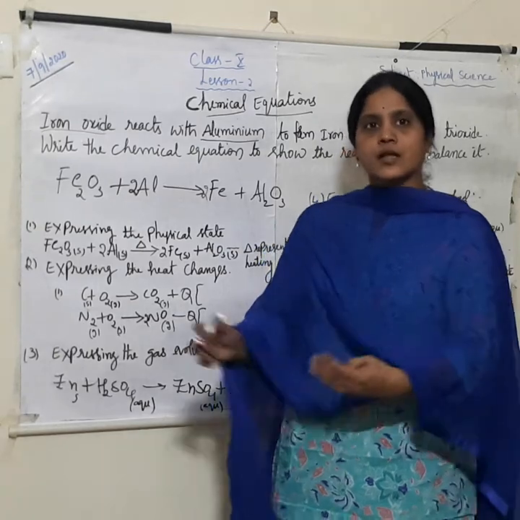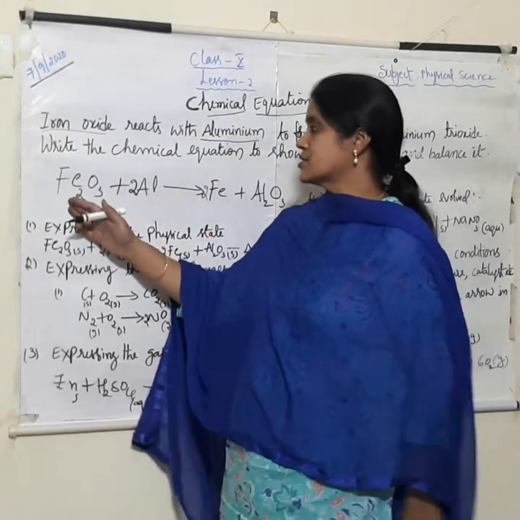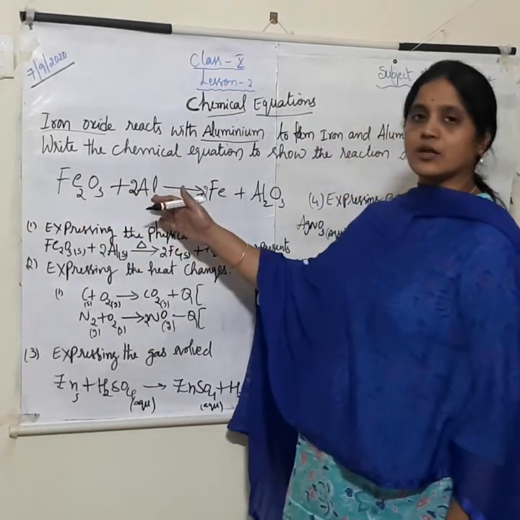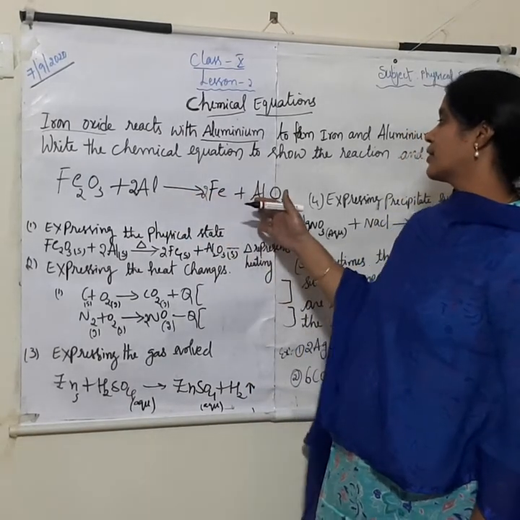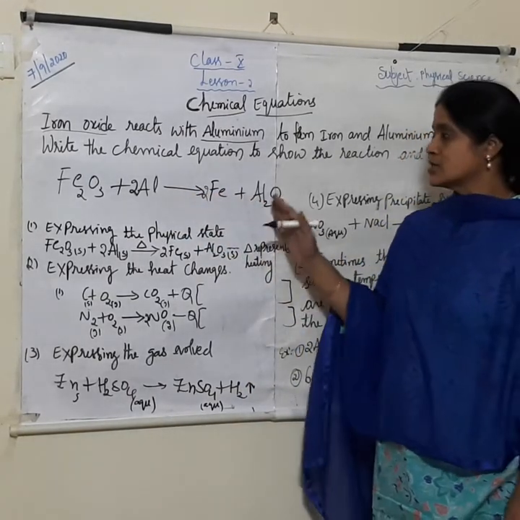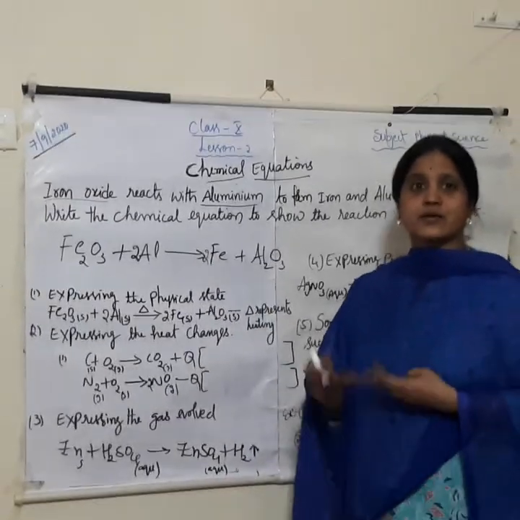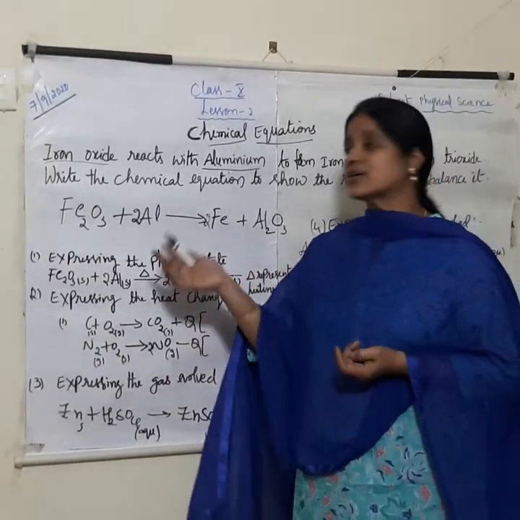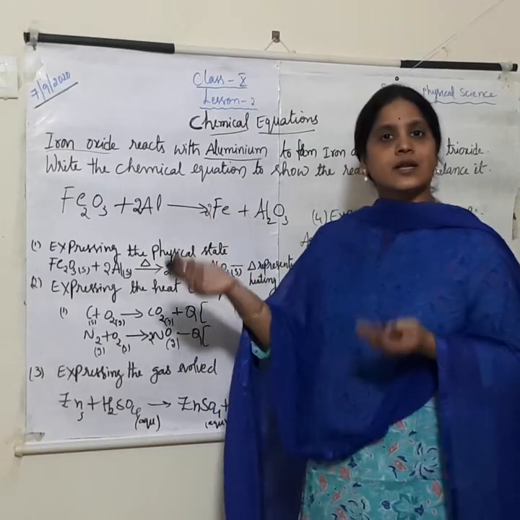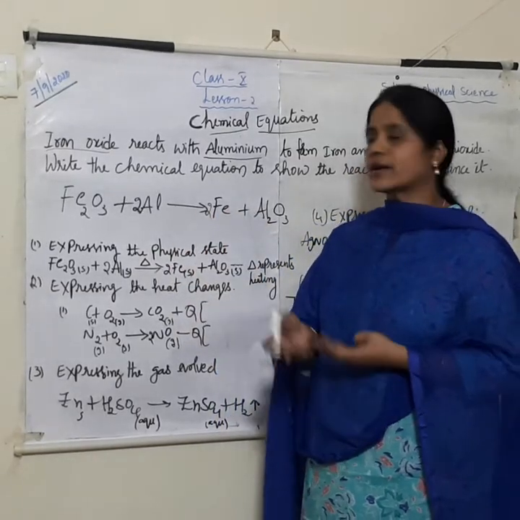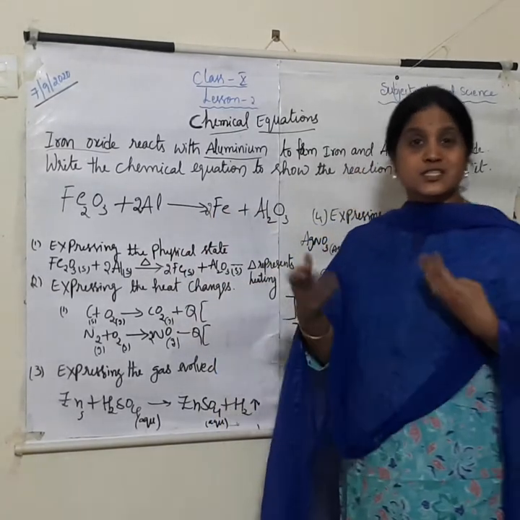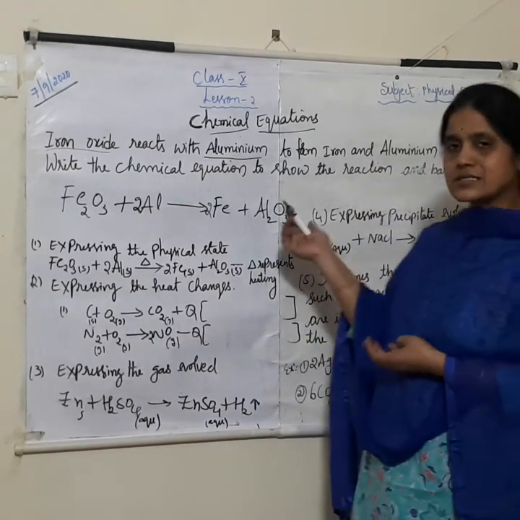Here you see this iron oxide, when it reacts with aluminium, we get iron and aluminium trioxide. After balancing this, we can find what the reactants and products are, whether the substances are solids or liquids, the state of matter on the reactant side and the product side, and whether heat is liberated or not.